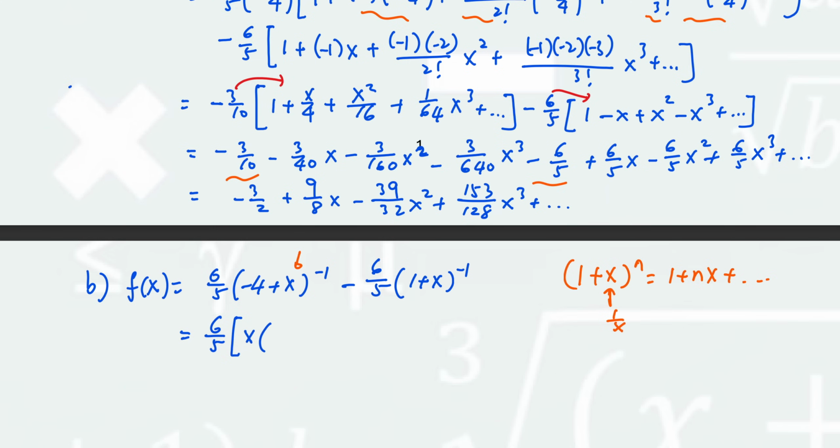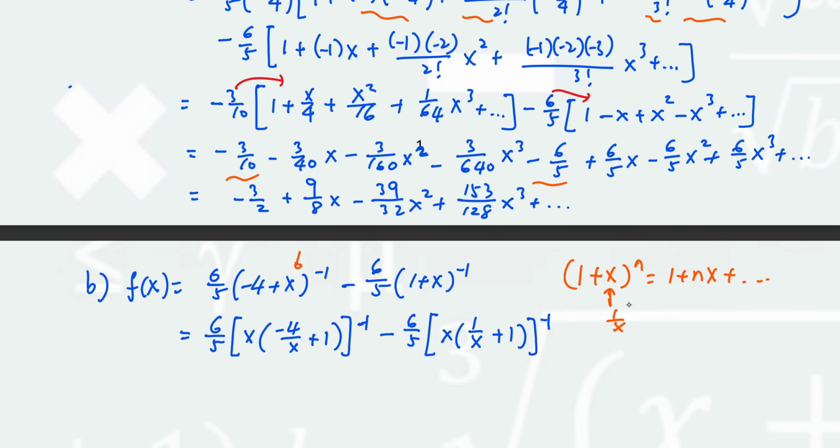I factorize the x. Then the first term will be minus 4 over x, then plus 1. Minus 6 over 5. So to get the 1 over x in the bracket, I have to factorize x. So the first term becomes 1 over x, second term is plus 1.